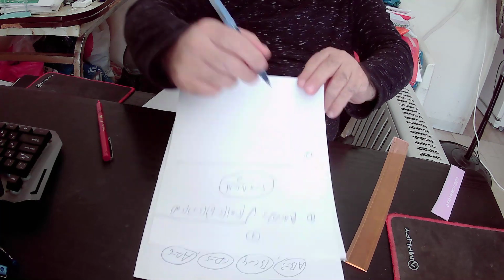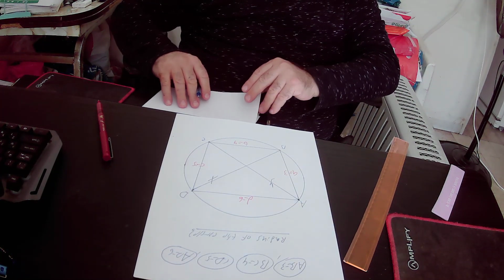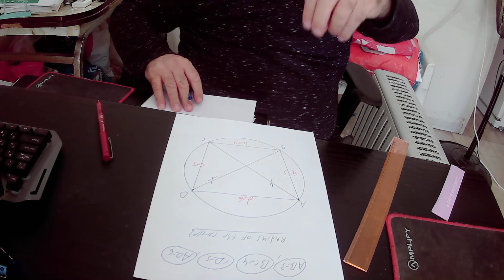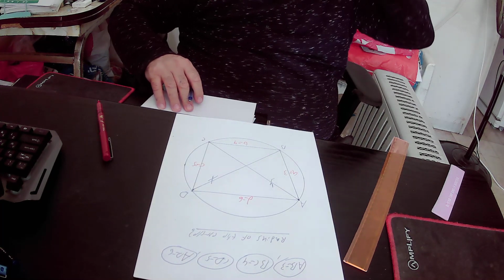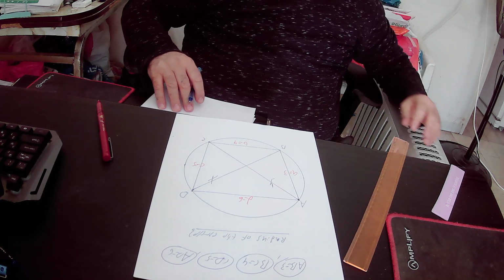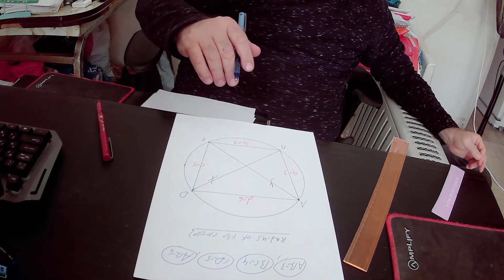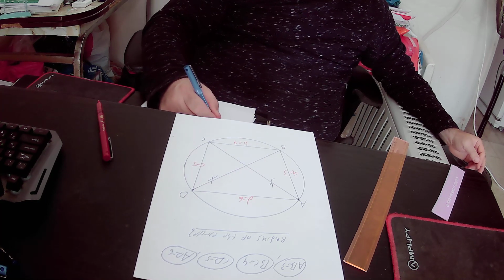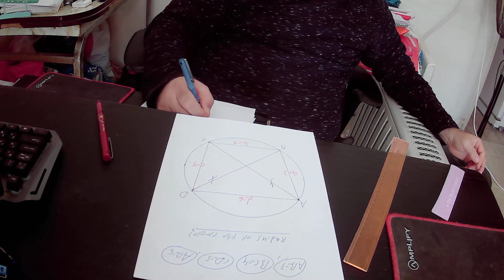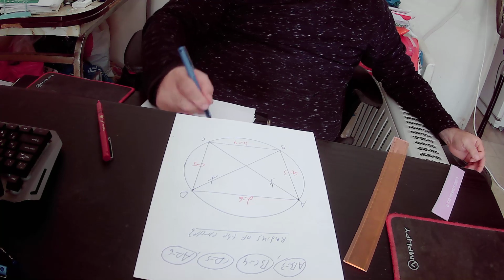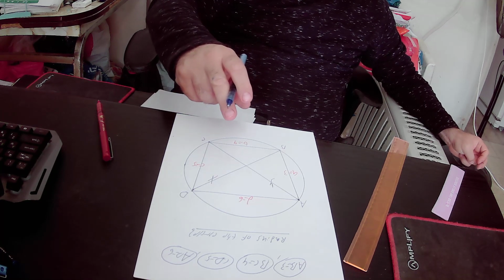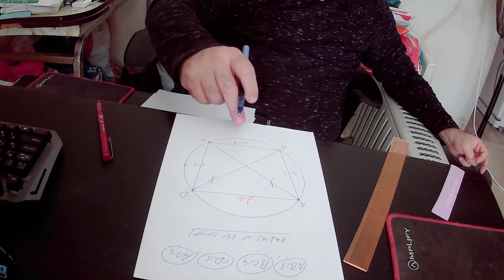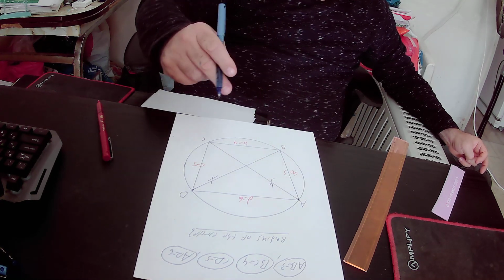According to rule number 2, if you have a quadrilateral that is inscribed in a circle, like in this drawing, then the product of its diagonals, that is to say x times y, equals the sum of the products of its opposite sides.